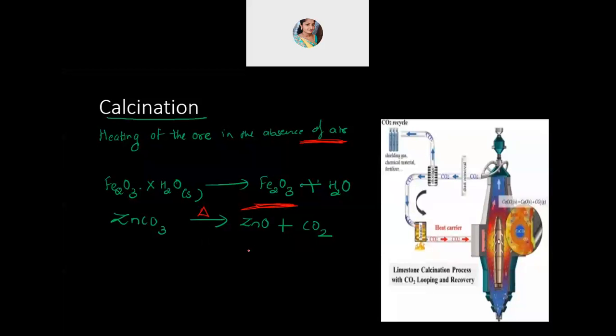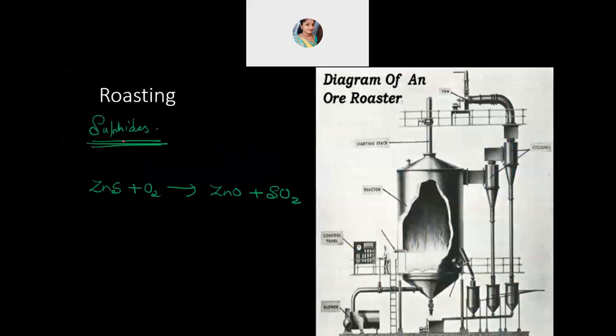Then the next thing we have seen is roasting. Roasting is done for sulfide ore. Sulfide ores are usually roasted. Roasting is the method where the ore is heated in a supply of air in a furnace at a higher temperature.